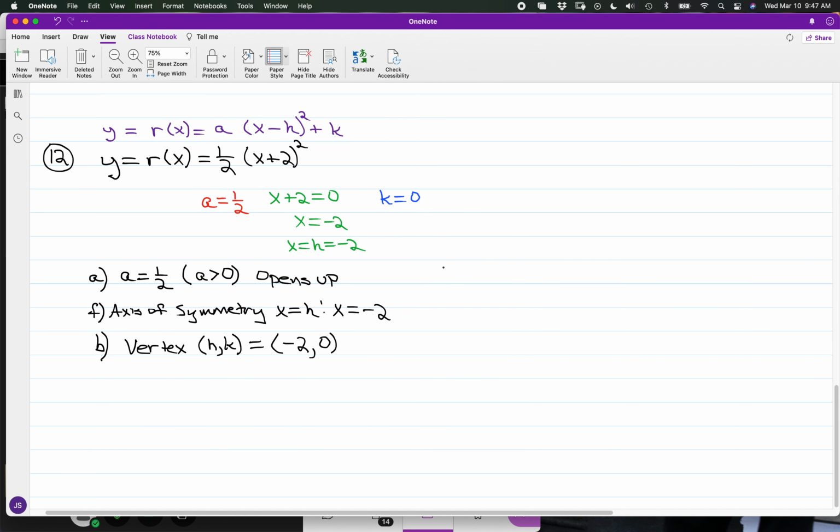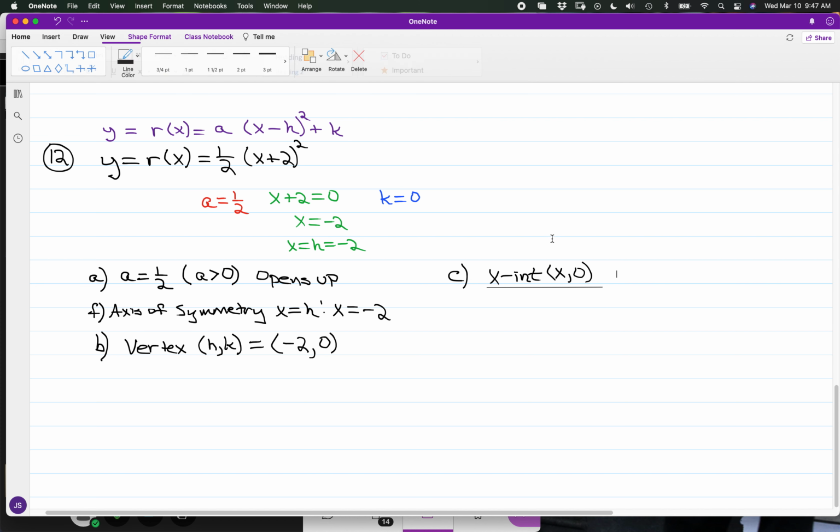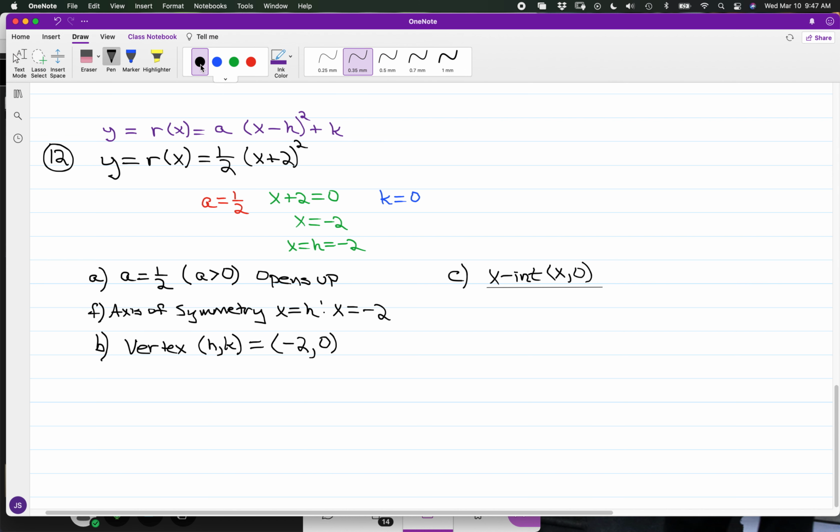All right, and in terms of the intercepts, for the x-intercept I'll just go ahead and lay this out. It's going to have an element of repetition to it. So with the x-intercept, again we have r of x equal to 1/2 of the square of x plus 2.